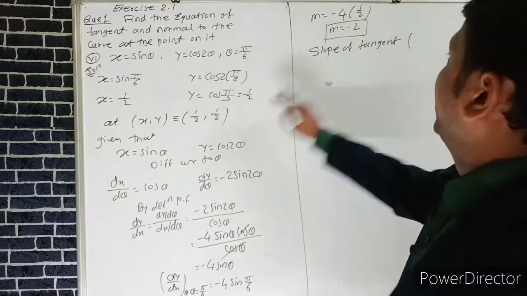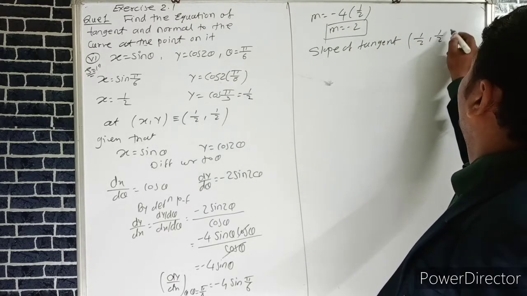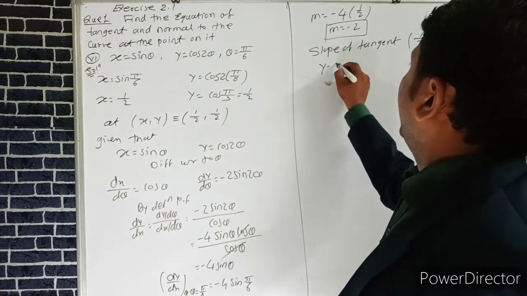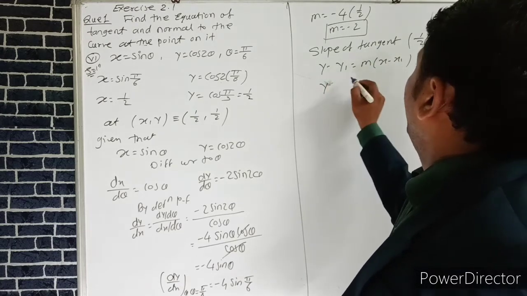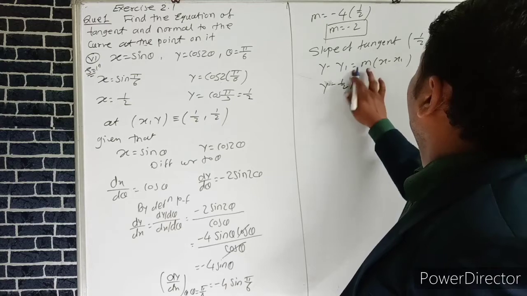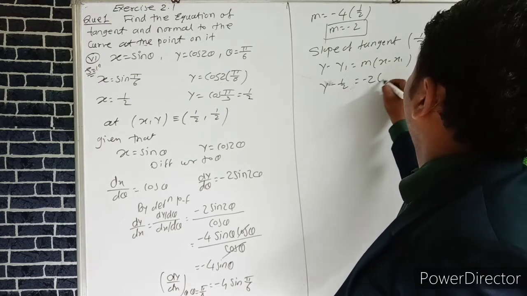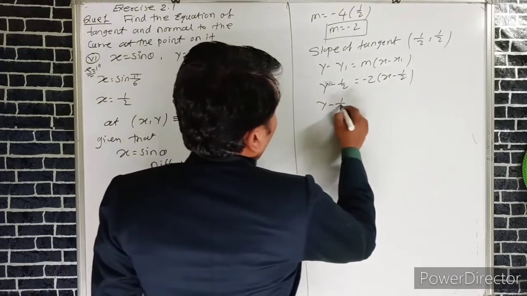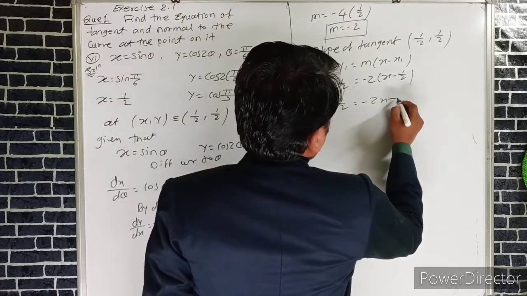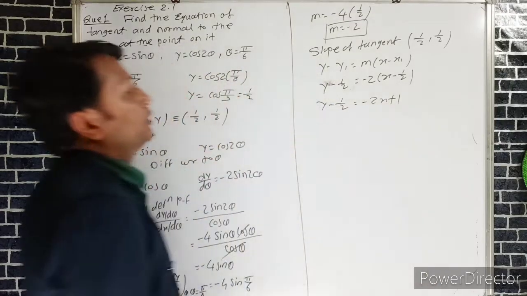Now we have to find the equation of the tangent at 1 by 2 comma 1 by 2, which is y minus y1 is equal to m in bracket x minus x1. So y minus 1 by 2 is equal to minus 2 in bracket x minus 1 by 2, which gives y minus 1 by 2 is equal to minus 2x plus 2 by 2, which is 1.